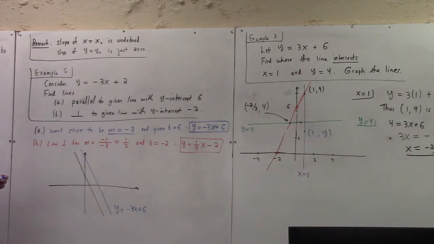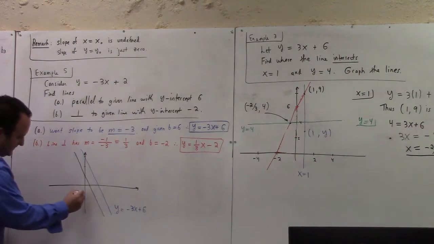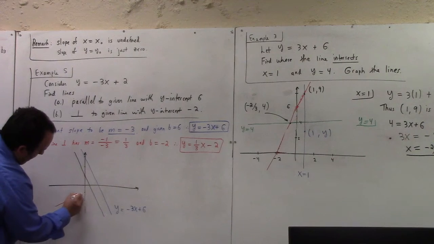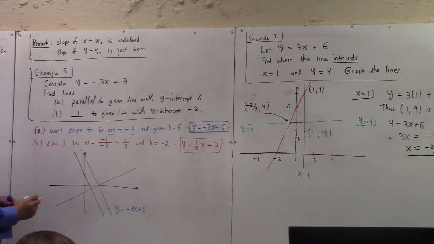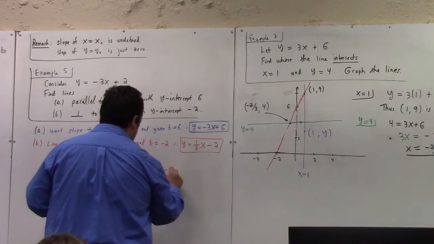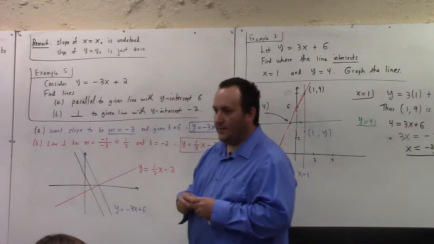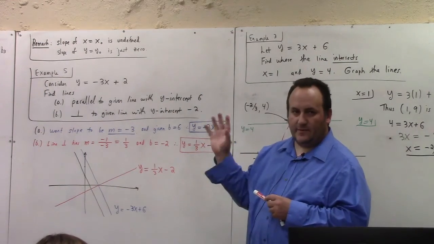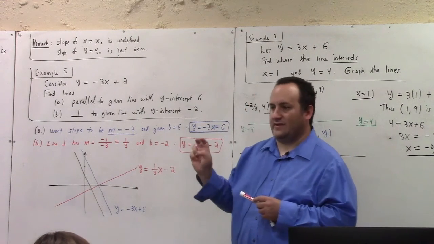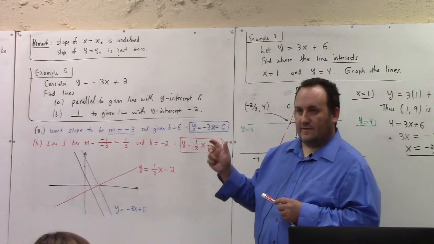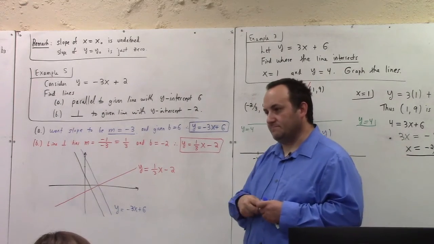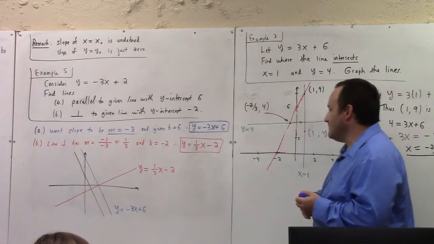And the perpendicular line, which has a y-intercept of -2. One good guide if you're doing a perpendicular problem is that if a pair of lines are perpendicular, one should have a positive slope, the other should have a negative slope, right? Unless they're horizontal and vertical, in which case one should have a slope of 0 and the other one should have, well, undefined slope, right? So there's your example 5.